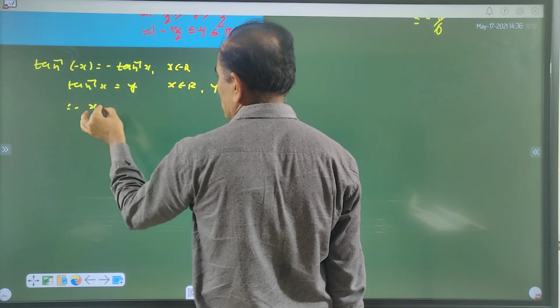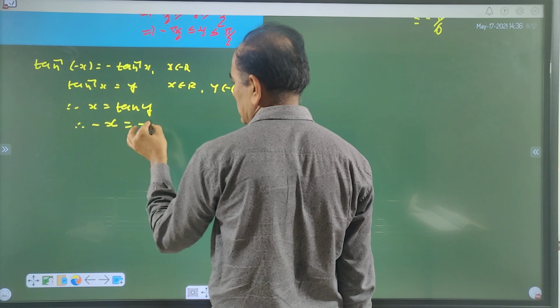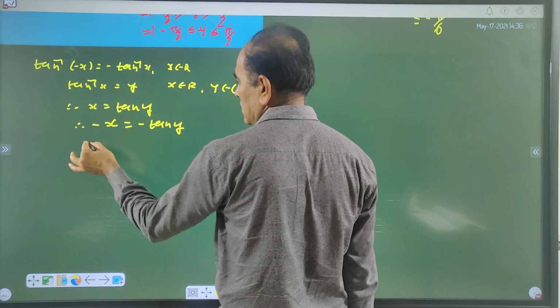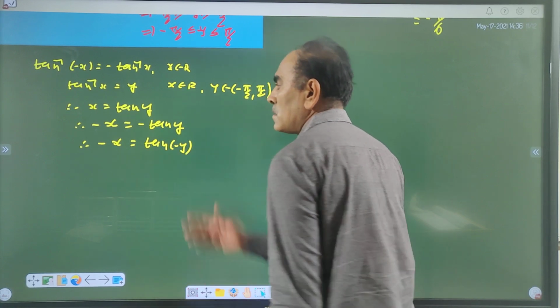So x is equal to tan y. So minus x is equal to minus tan y. So minus x is equal to tan of minus y, because tan is an odd function.